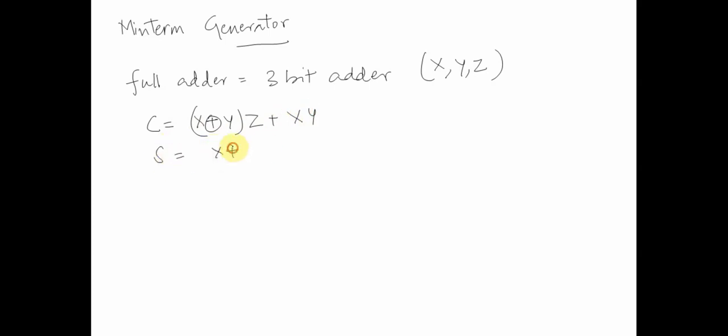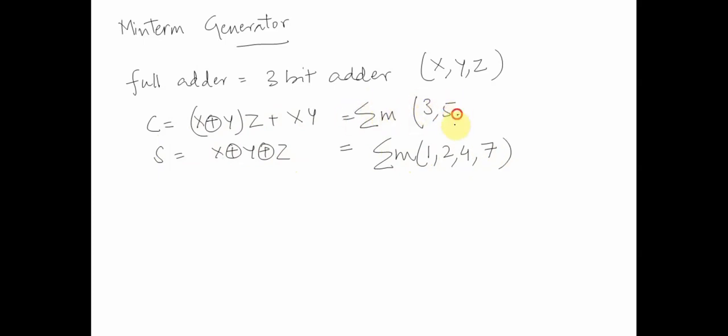Sum was X XOR Y XOR Z. When we looked at the previous lecture, sum would come as summation of m 1, 2, 4 and 7, and carry was summation of m 3, 5, 6 and 7, right?